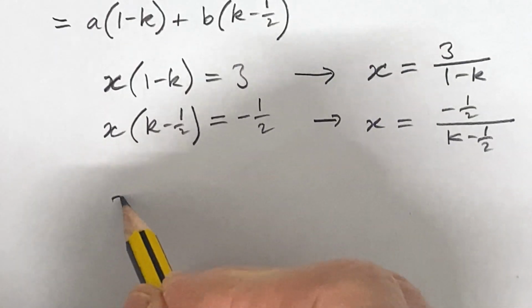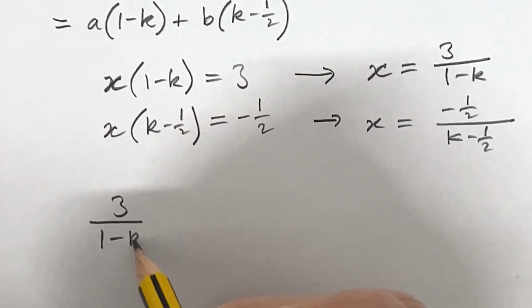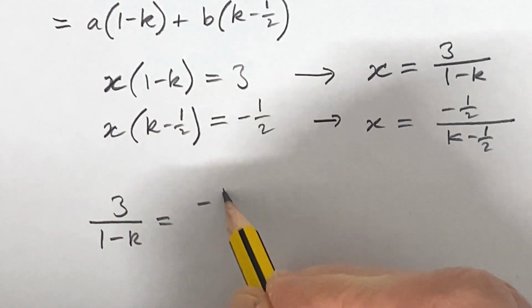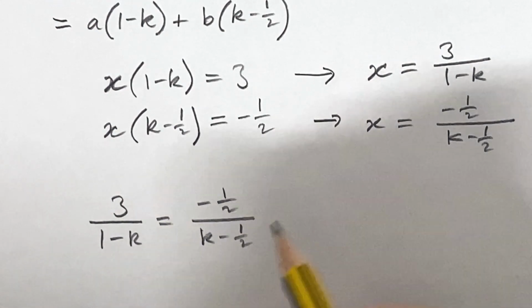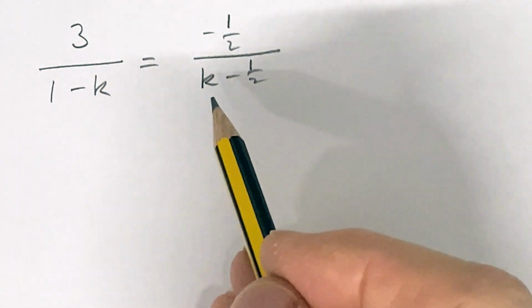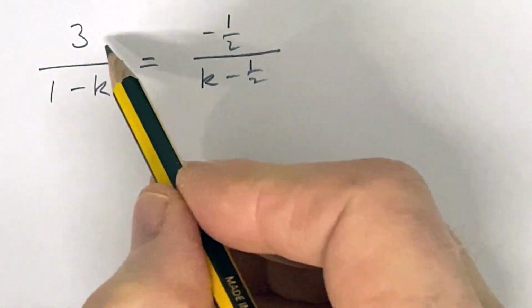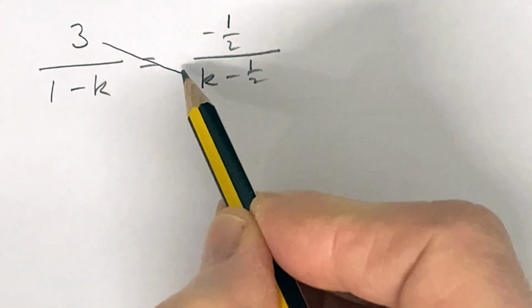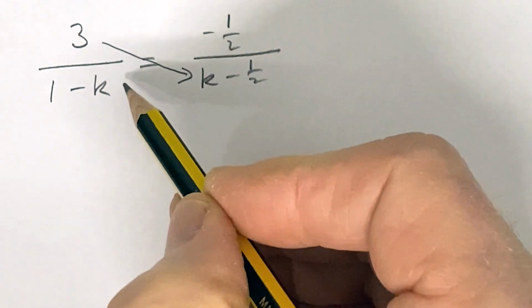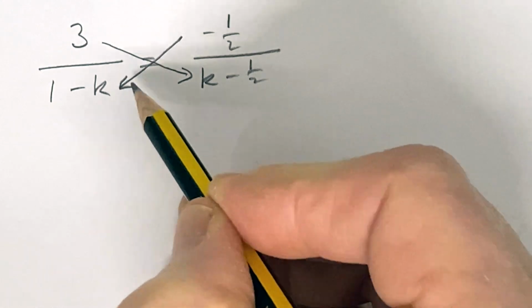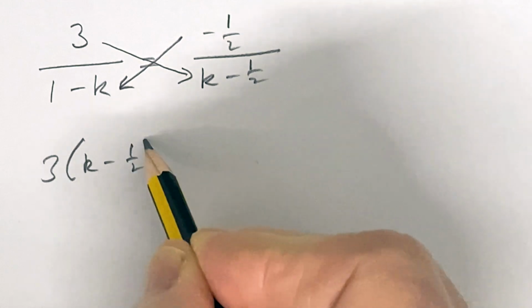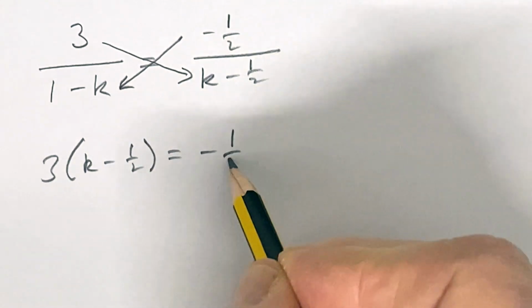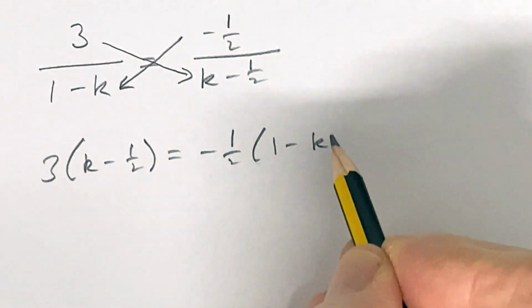So we can say 3 over 1 minus k is equal to minus a half over k minus a half. So that's what we've got. So I'm going to simply cross multiply. So 3 times k minus a half, and those two multiply each other. So 3 times k minus a half is equal to minus a half times 1 minus k.